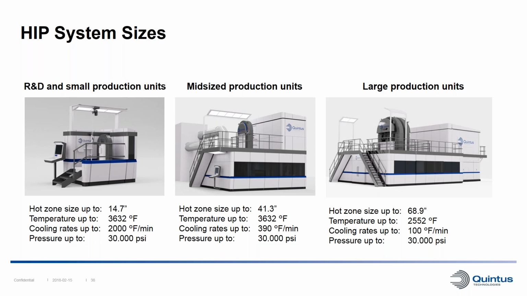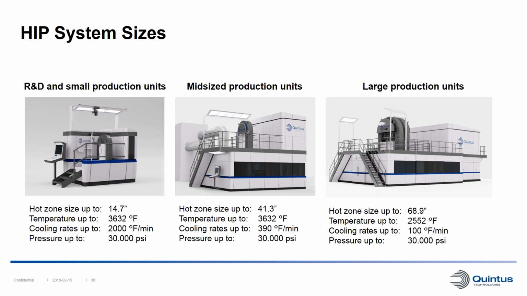Looking at the mid-size production units, we're talking about hot zone sizes up to 41.3 inch. Here as well, the temperature goes up to 3,632 Fahrenheit, which is a graphite furnace. The cooling rates for these are still very high, up to 390 Fahrenheit per minute, which is good for cooling, for example, cobalt chrome materials fast and doing the solution heat treatment step directly in the HIP furnace.